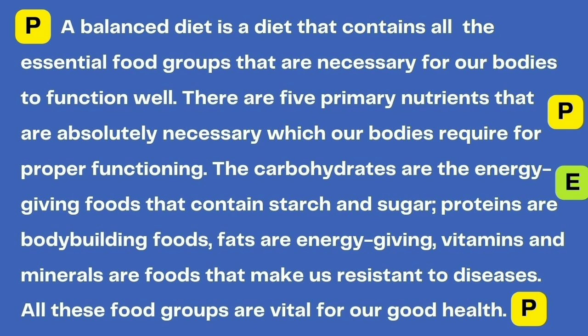Now we have to examine the 3 statements of points to decide which is the main idea. Is it that the balanced diet contains all essential food groups that are necessary for our bodies to function? Or should we say, since the paragraph goes on to explain the 5 primary nutrients, that the sentence about primary nutrients is the most important point?